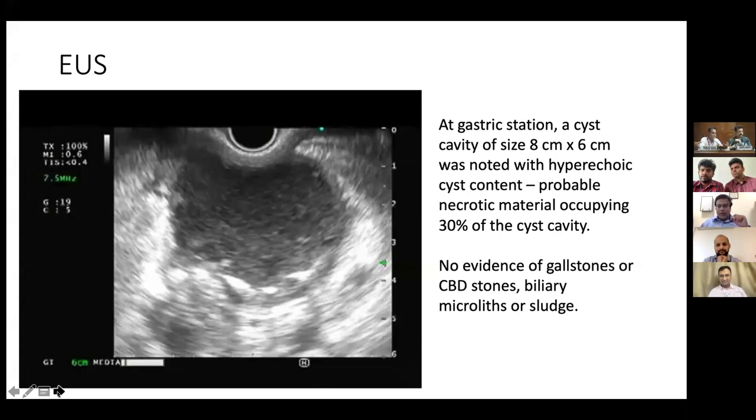So now, when will you remove this stent? You have deployed a Hot Axios. Sir, after a period of 3 weeks, we do a pre-procedure MRCP to check for any disconnected duct. If there is no evidence of any disconnected duct, we can remove the Hot Axios system after 3 weeks.